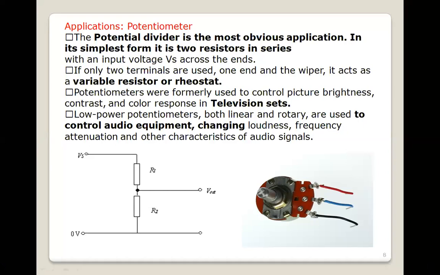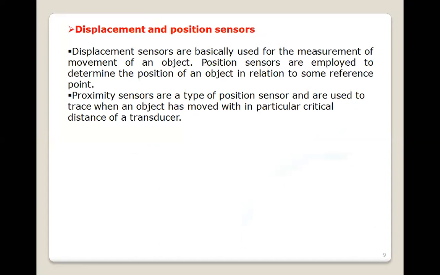Low power potentiometers, both linear and rotating types, are used in audio equipment control, changing the loudness, frequency, attenuation, and so on. So those are the different applications of the potentiometer. And next is the resistive type, the potentiometer used for the measurement of displacement, or as a position sensor.